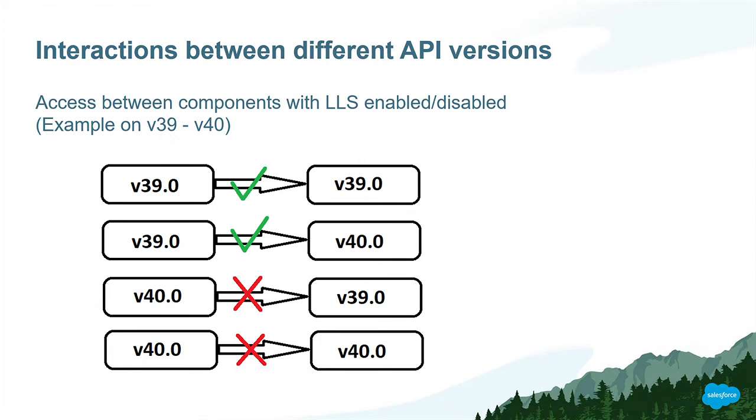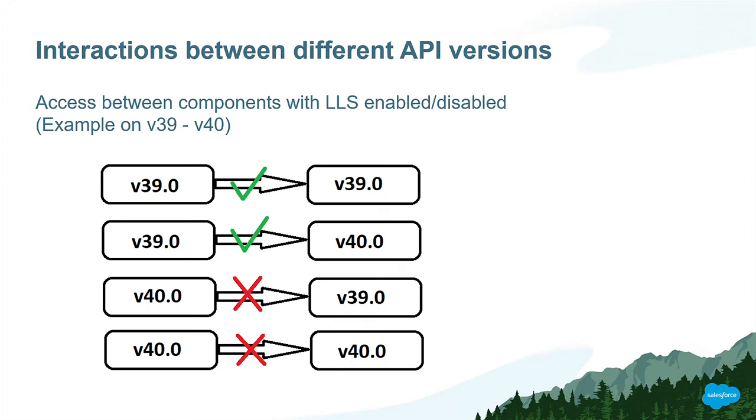Another thing is that we just need to take into account that when we're working with Lightning components of different versions, Lightning LockerService was introduced in version 40. And when we are interacting with version 39 and version 40, we need to understand that version 39 can still access the DOM items of the components with Lightning LockerService.